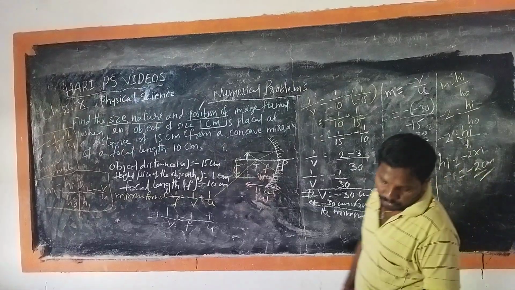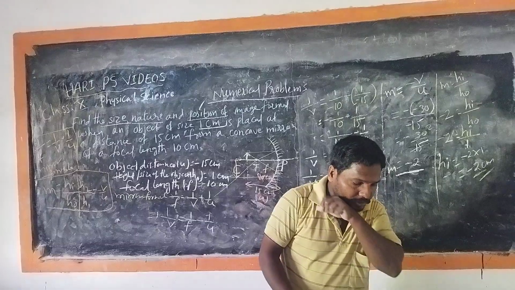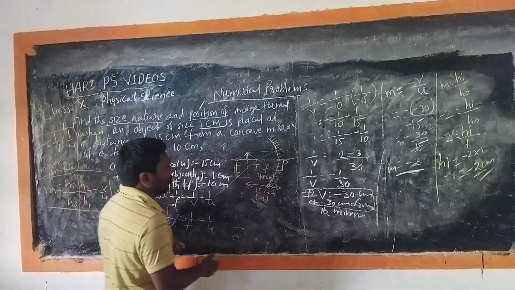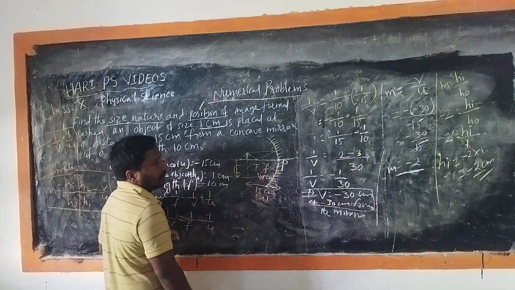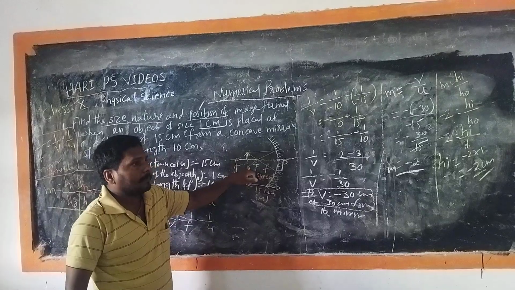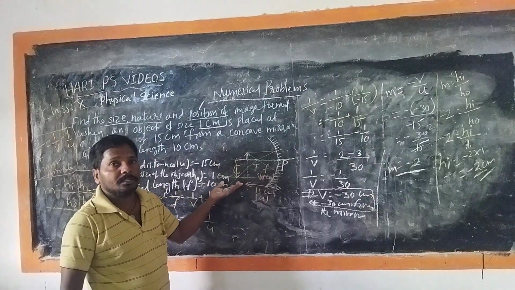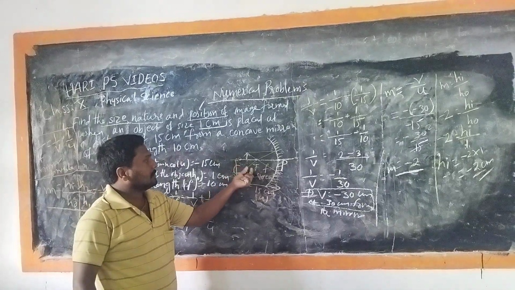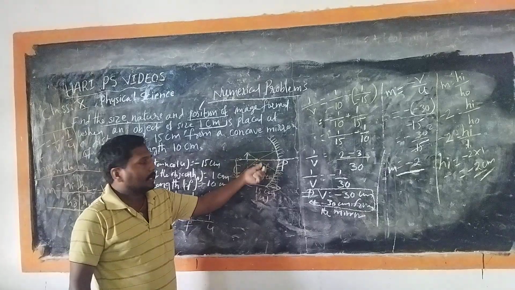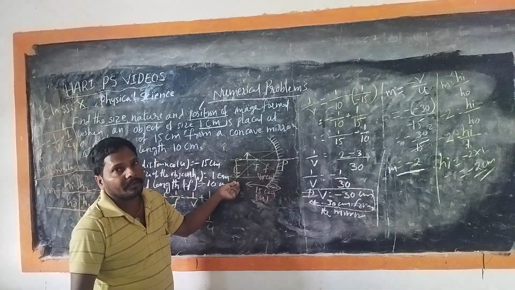So what about the size of the image? Minus 2 centimeters. So the size of the image is 2 centimeters long. Now the nature of the image. When you know the position of the object in front of the concave mirror, knowing the image position is very easy. The object is placed between the center of curvature and the focus, so the image is formed behind the center of curvature.